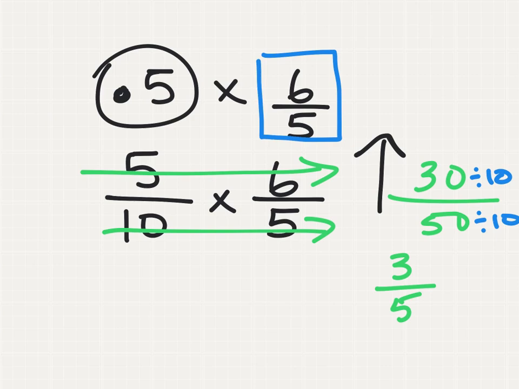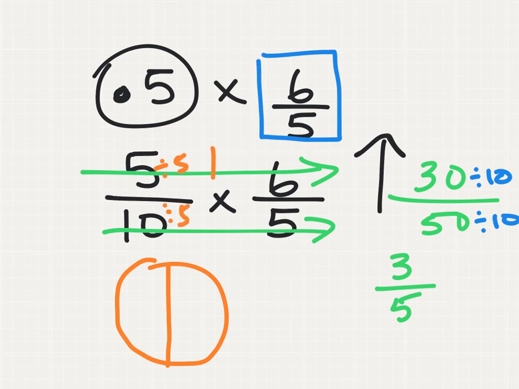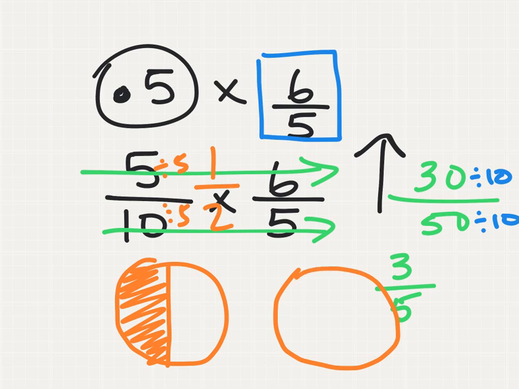So the question is, is 3/5 the same, less than, or greater than 0.5? 0.5 or 5/10 could be simplified to 1/2. So I started with 1/2. I now have 3/5.